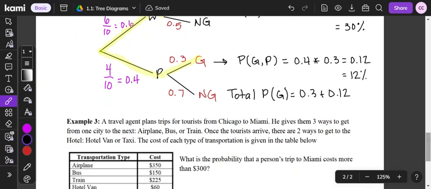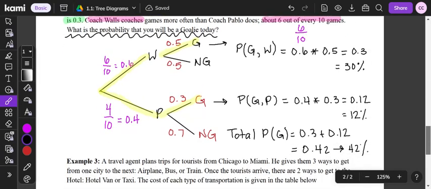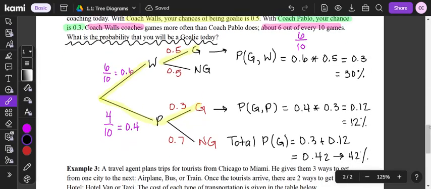So that means I have a 0.42 or a 42% chance of being goalie at the game today. Okay, so less than 50% chance. It's probably not that likely that you're going to be goalie. I don't know. Maybe you're not that good. Whatever. But you have a 42% chance of being goalie today.